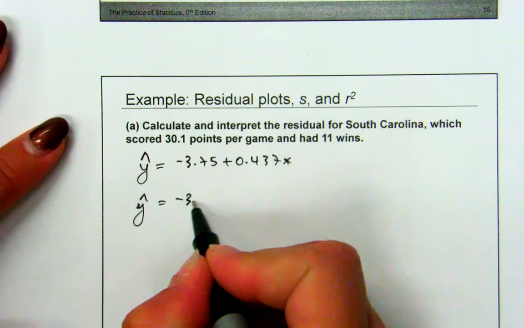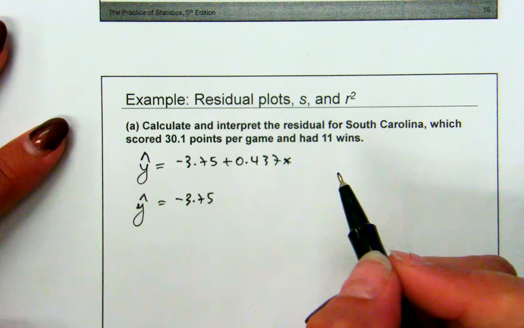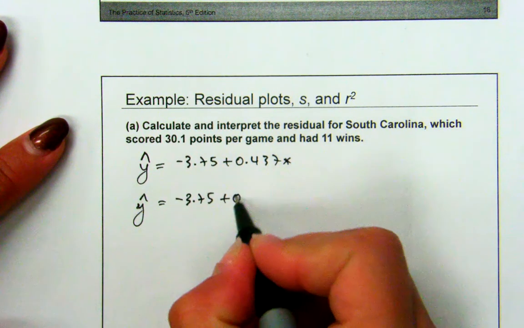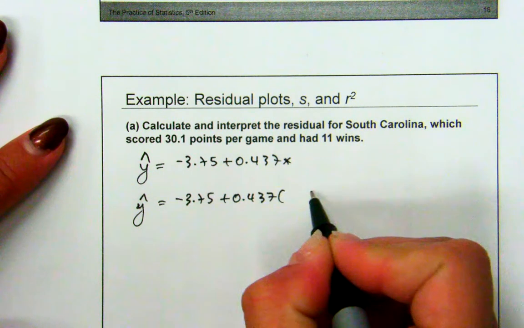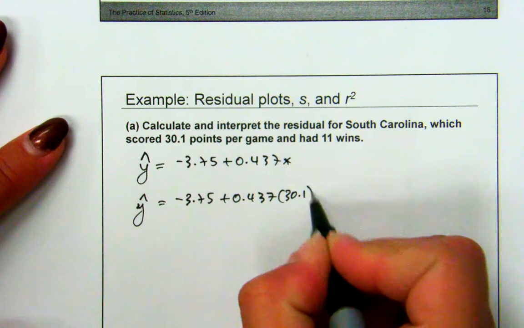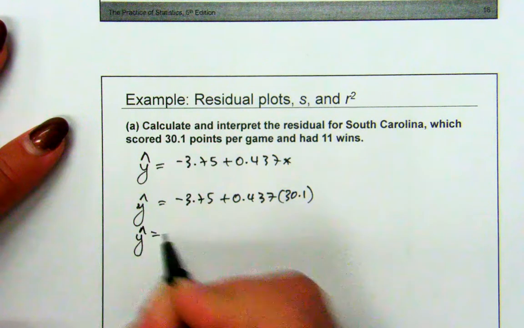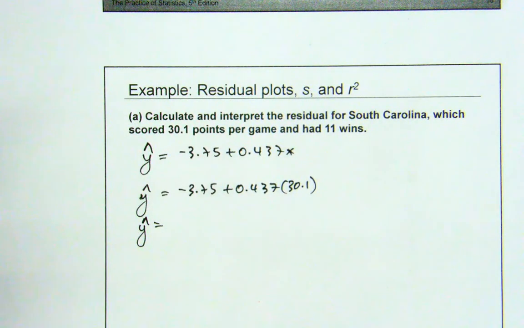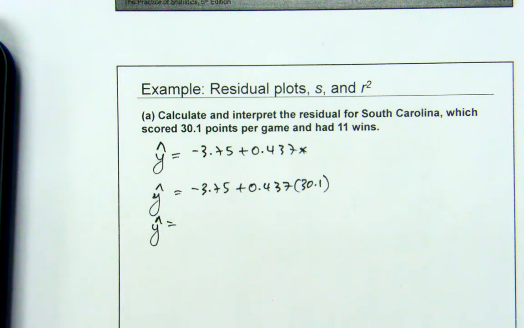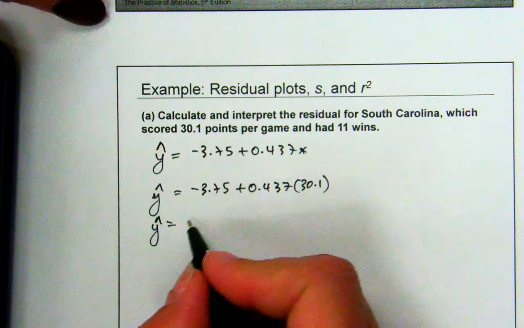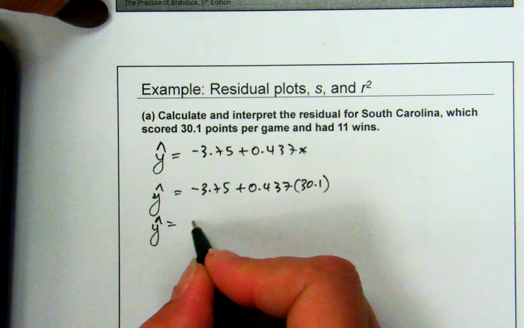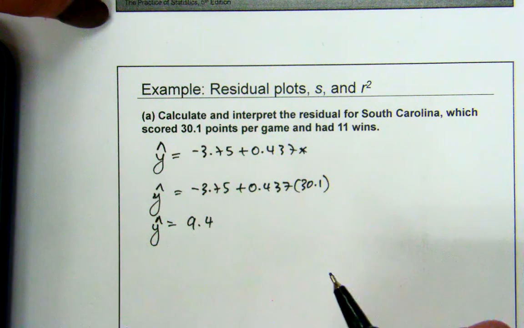So we have negative 3.75 plus 0.437 multiplied by 30.1. That gives us a predicted value of 9.4.